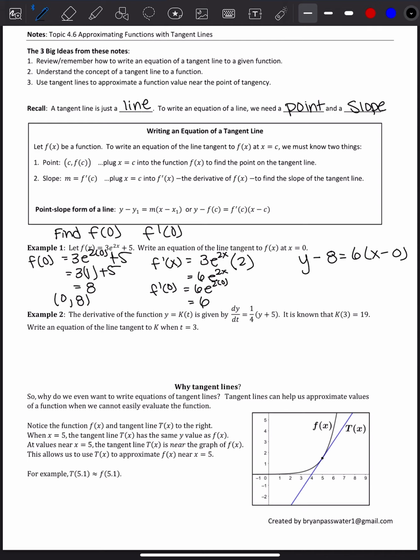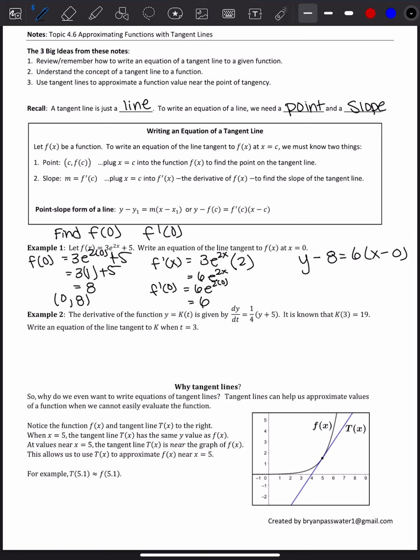We have our derivative this time, and we know our point already, so I just need to plug in our value into our equation. So we know k of t is equal to y. We have the derivative of y, and we know that k of 3 equals 19, so when t is 3, y is equal to 19.